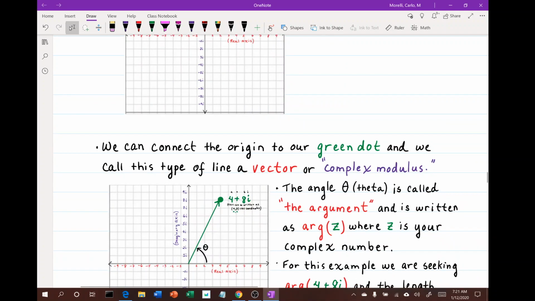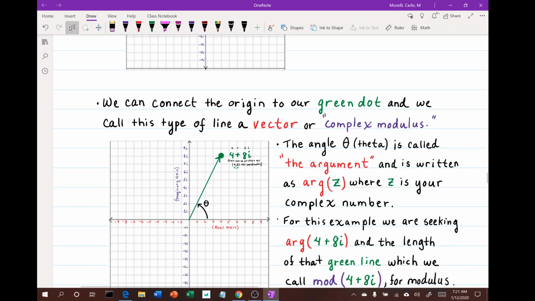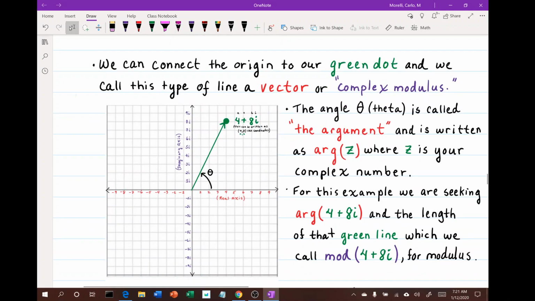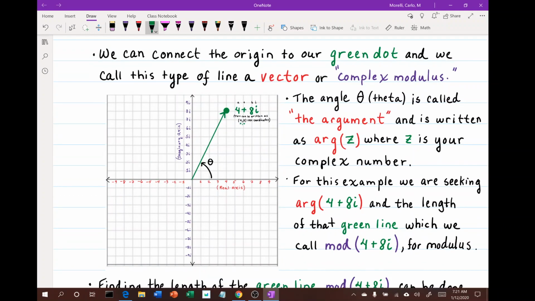So we're going to do something with this. Remember, we're talking about this angle of rotation. We can connect our origin here to the green dot using a line. We actually call this line a vector. The reason we call it a vector is because it has both a magnitude and a direction.